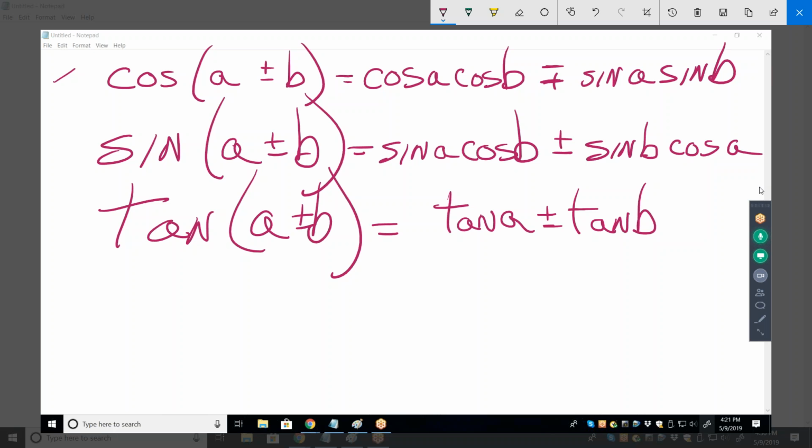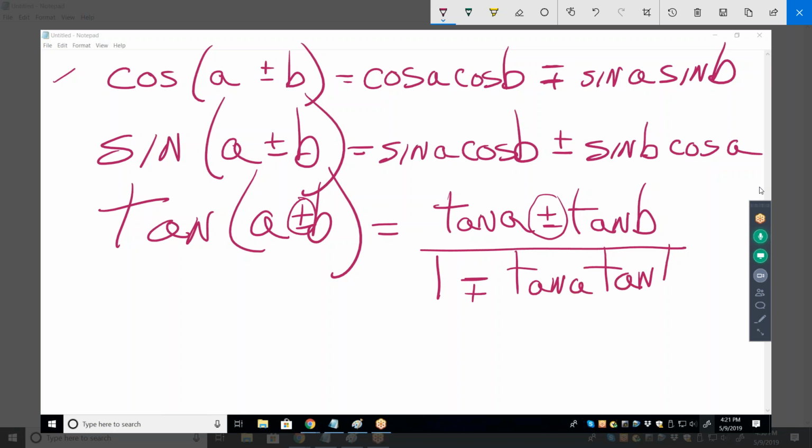We're going to stick with the plus or minus in the numerator. The denominator is opposite because the cosine is opposite. Notice that it's sine over cosine. The sine is the same, so that's the same as this. But the denominator is 1 minus or plus the product, tan A, tan B. Okay.